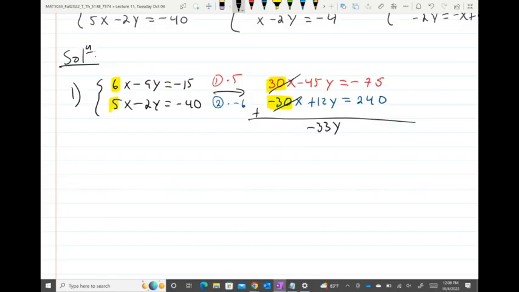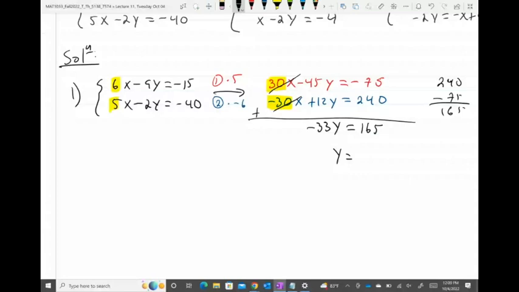So we get negative 33y equals, so what's 240 minus 75? So that's 165. And we get positive 165. Yes. And now we divide. So y equals 165 divided by negative 33.